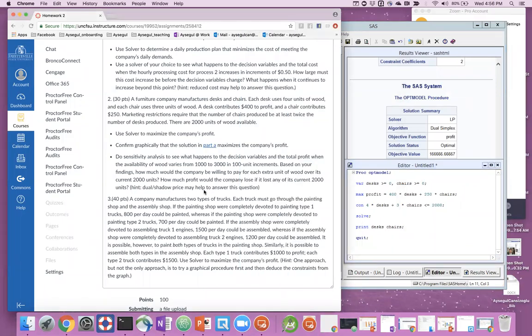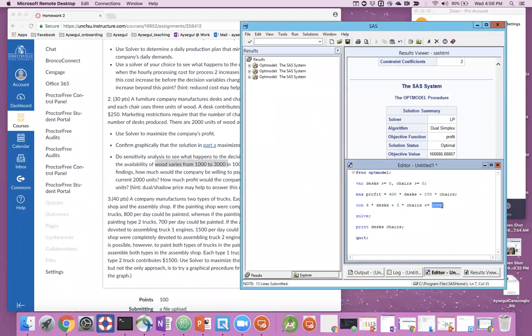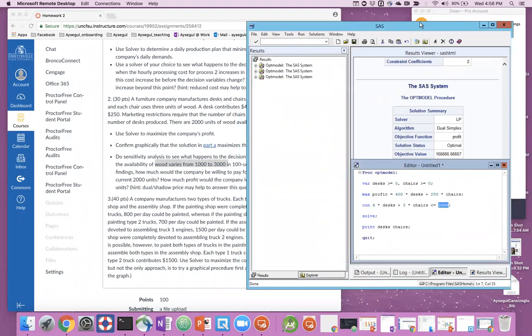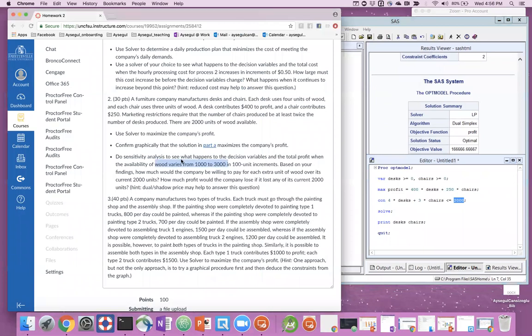So here, it's asking about the availability of the wood. Originally we have 2,000 units of wood available, right? Now it is asking, let's say that the availability of the wood changes from 1,000 to 3,000.